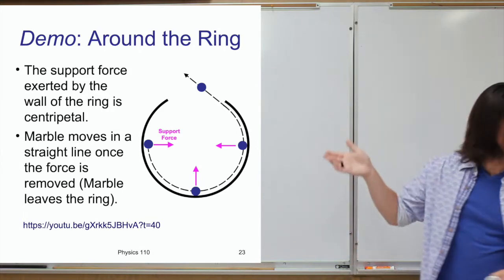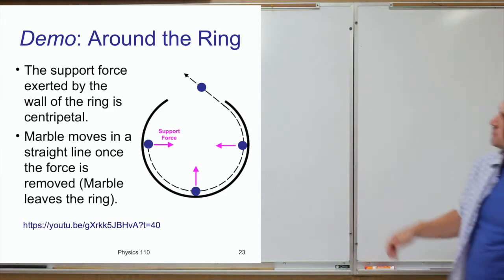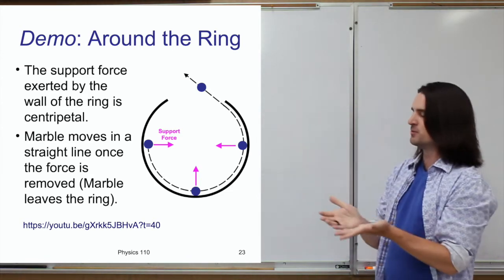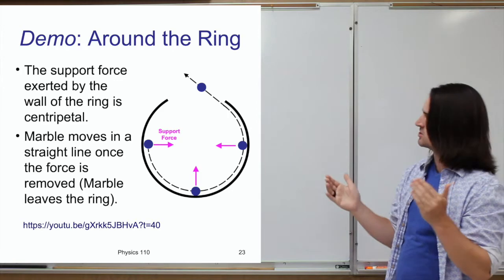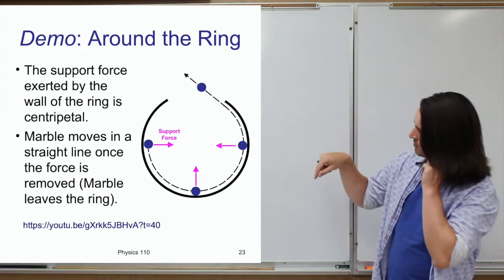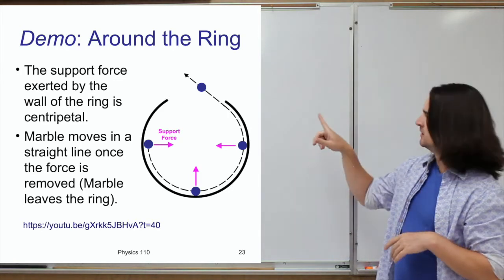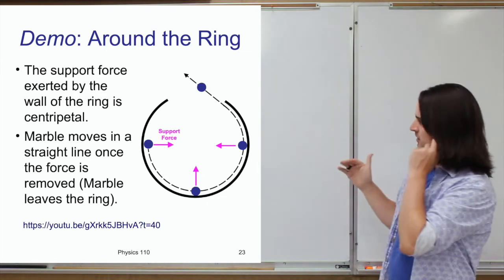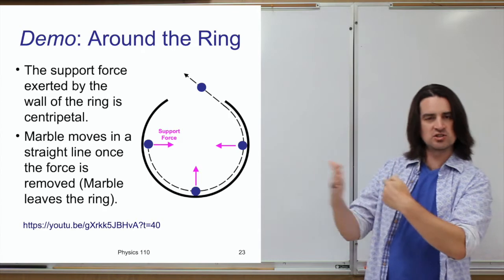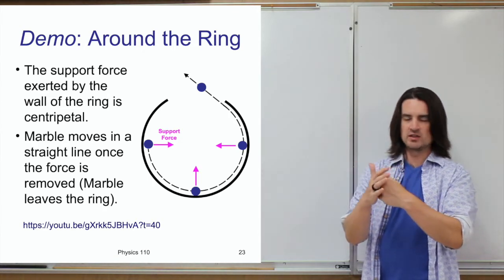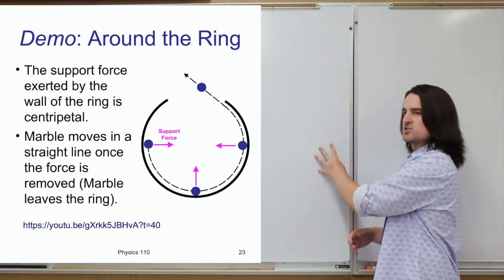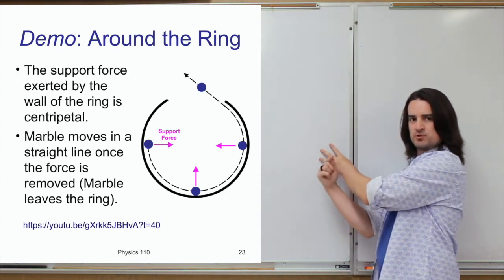So one way of seeing this is if you put a marble or some kind of ball inside of a hoop that's not quite a complete hoop but has a section cut out of it, and you roll the ball in that hoop, right? The marble's going to roll around in a circle, and the centripetal force is actually the support force between the hoop and the marble, right? So just remember, if you press against a surface, there's a support force that pushes back.